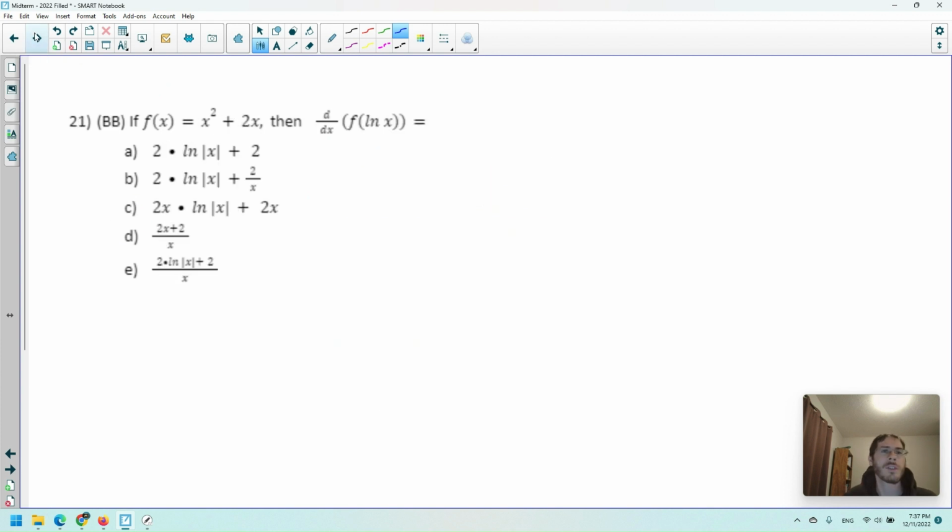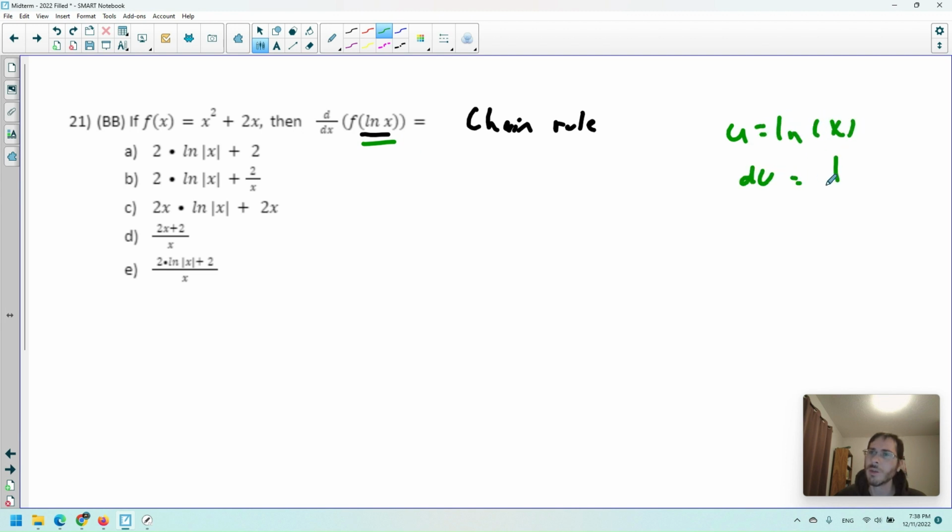All right. For the next one, f of x is x squared plus 2x. We have to find the derivative of f of ln of x. So since we're taking a derivative of a composition, this is going to be a chain rule. For this chain rule, the inside function is pretty clearly ln of x, so du is going to be 1 over x.